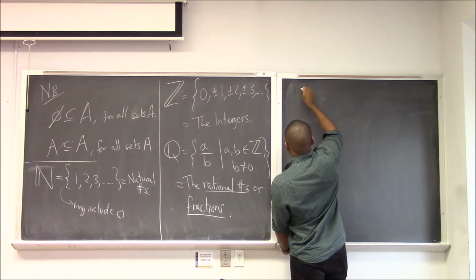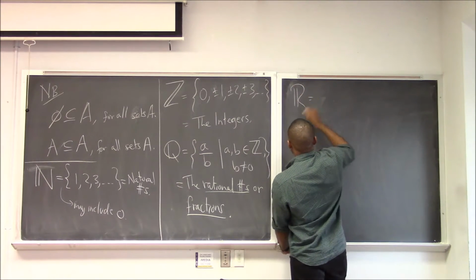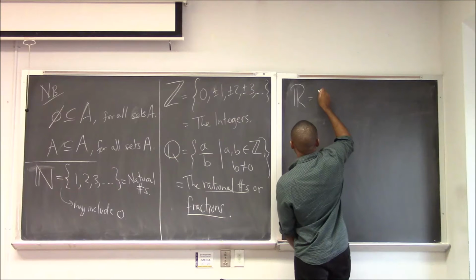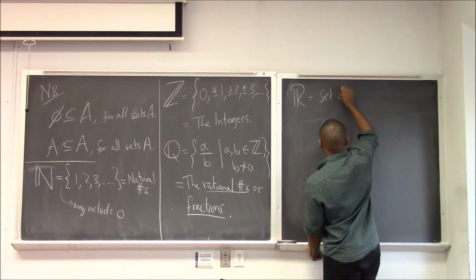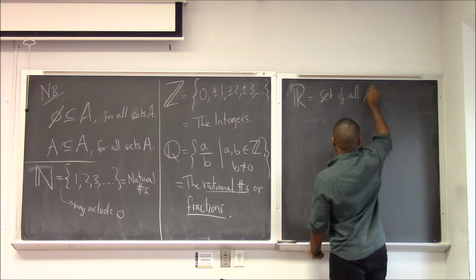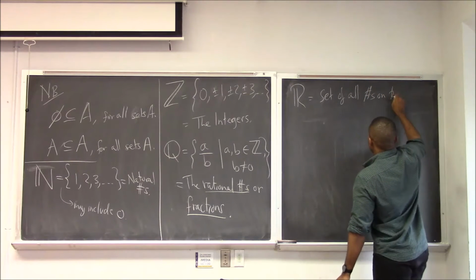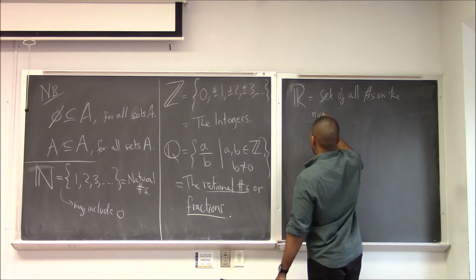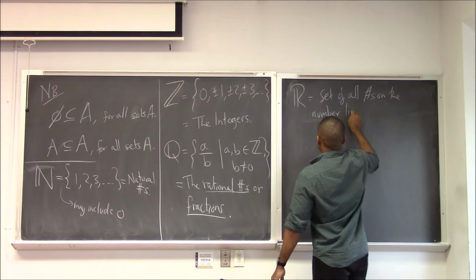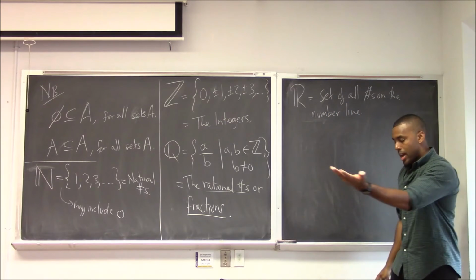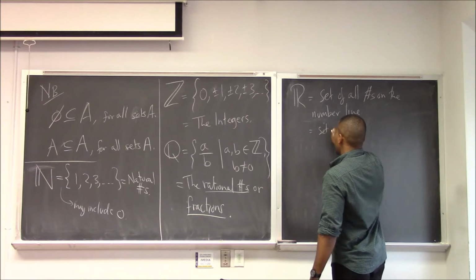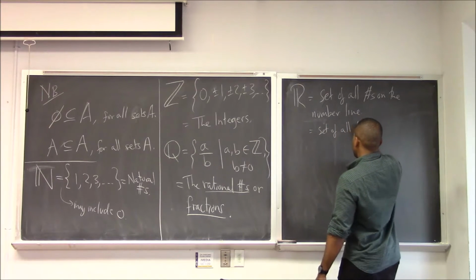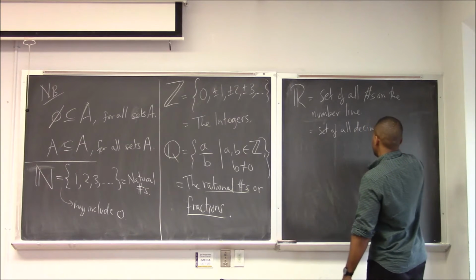So I can also define what we call R. It's hard to write this down in a description: the set of all numbers on the number line. Especially in this class, we're going to rely on a very intuitive definition of this, or the set of all decimal expansions is another way you can think of it.